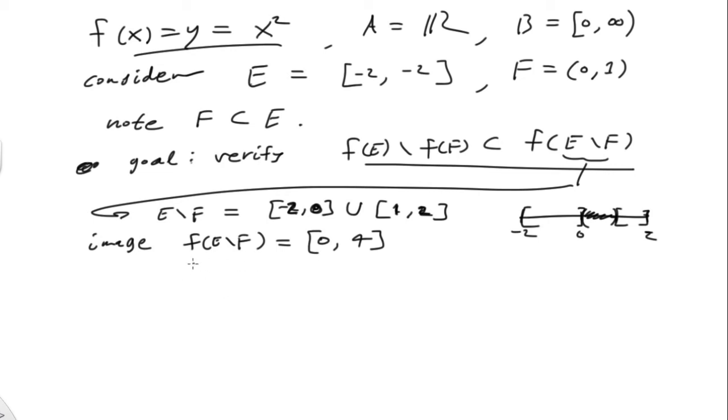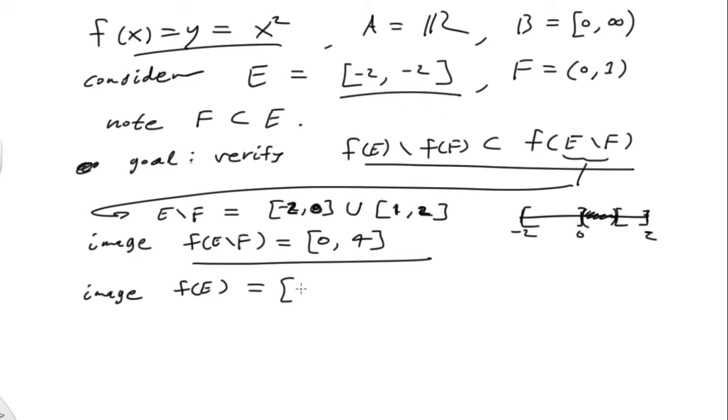Okay. Now we want to check, what about the image f of E? Well, f of E is the entire set here. We know that's also equal to 0 to 4. But now let's look at f of f.